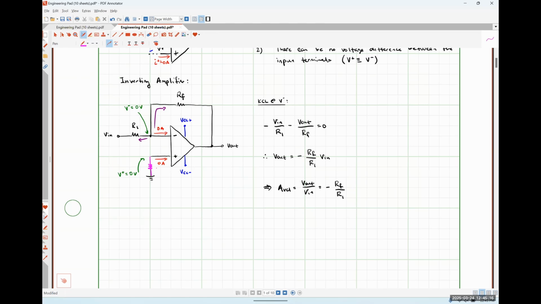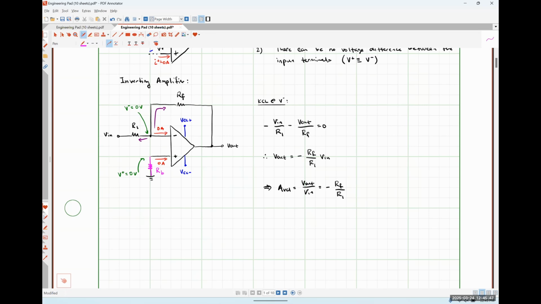I'm going to call this guy R sub B. The purpose of this resistor is to mitigate what are called input offset currents. Essentially, we can have a small amount of current leakage going into some particular op amp models that we need to be able to limit or negate. And that's what that resistor RB does there.